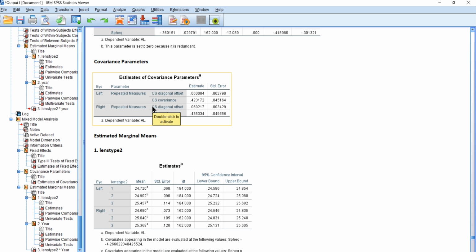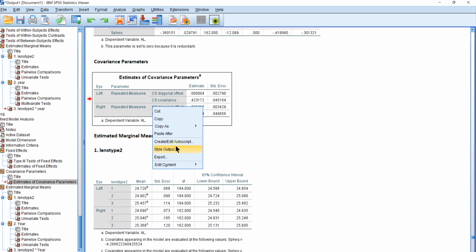Here's our covariance table. Now, before we had to collect the whole analysis of variance source table in order to get our mean square error. Here we use the estimates of the covariance parameters.